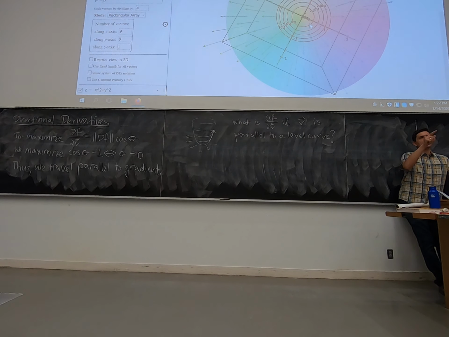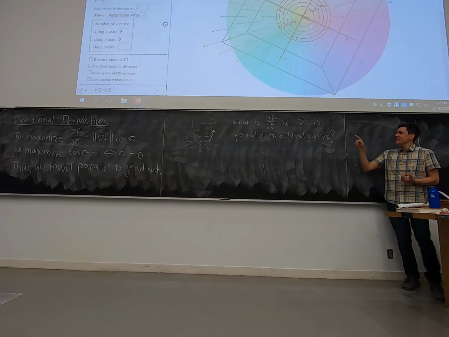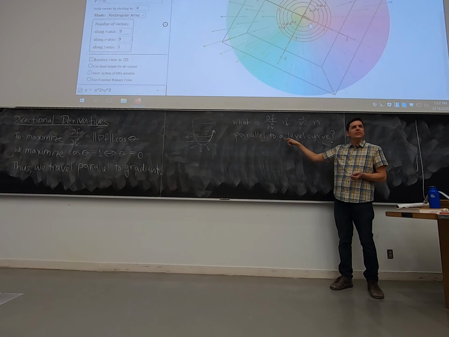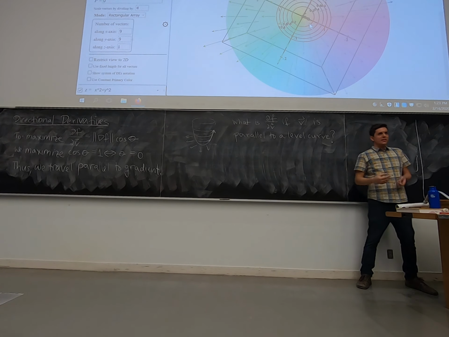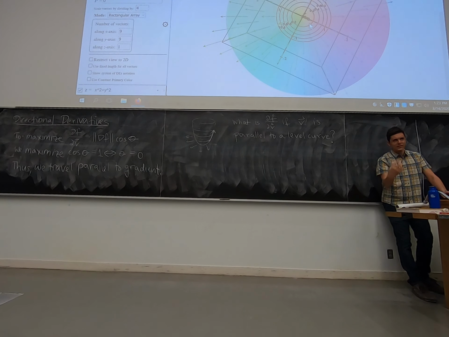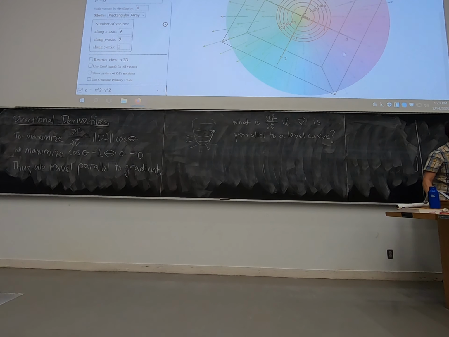I encourage you to come up with the answers quickly. What happens if you take a directional derivative parallel to a level curve? Maybe stare at your hand for a second like this. Talk yourself into it. If you're taking a directional derivative along one of these contours, what happens?